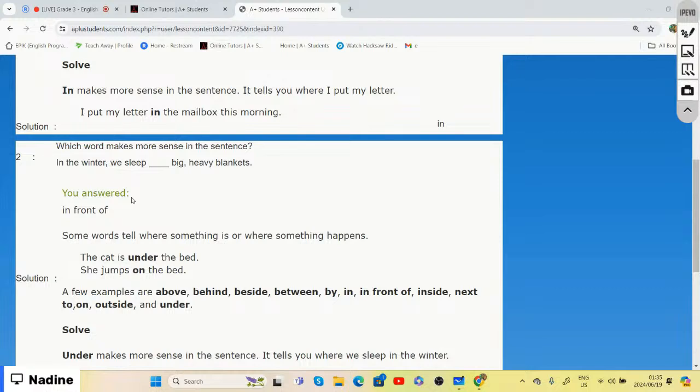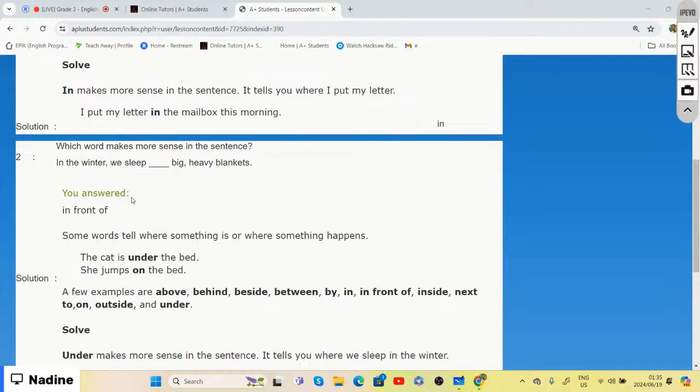Think of during winter time. Winter times we are getting cold, we are getting in bed. Now we're getting cold, right? And then we sleep big heavy blankets.